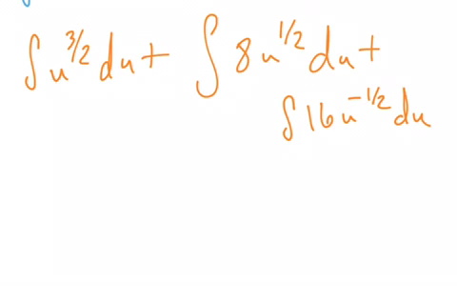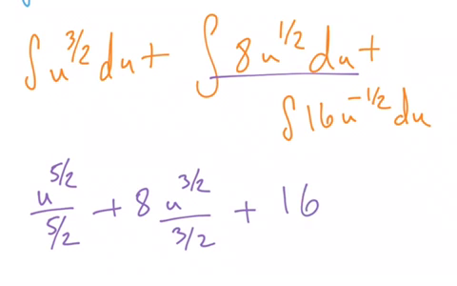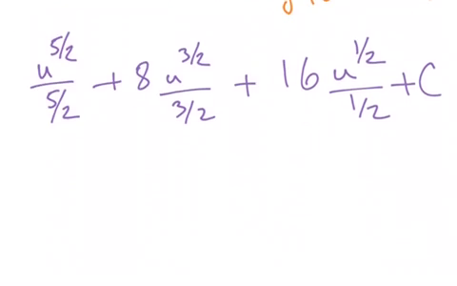So let me do some effortless work. This gives me u to the 5/2 over 5/2 plus 8u to the 3/2 over 3/2 plus 16u to the 1/2 over 1/2 plus c.